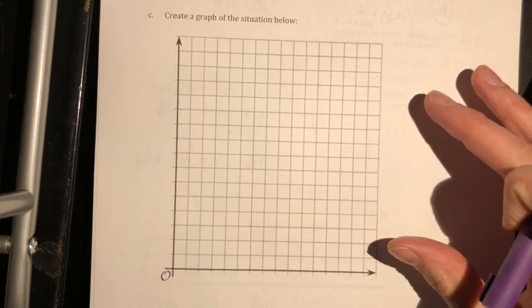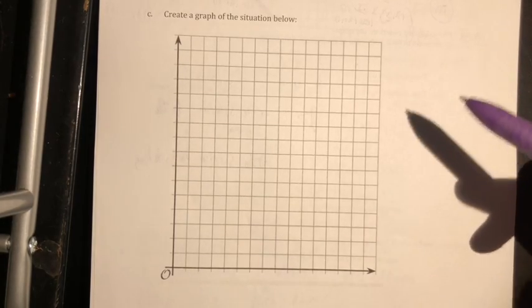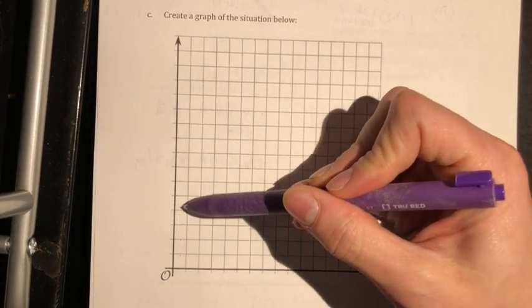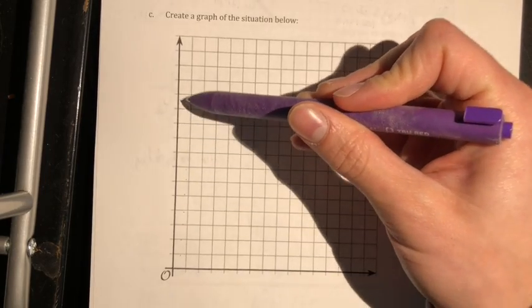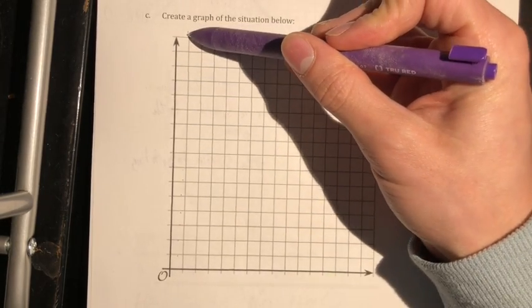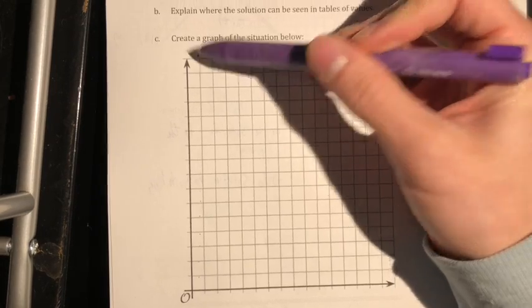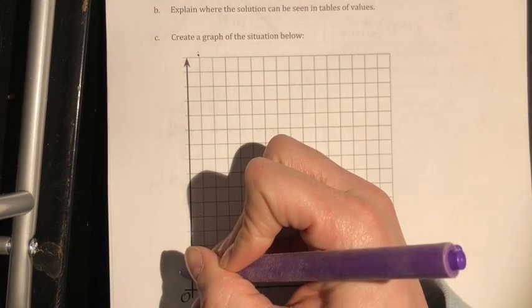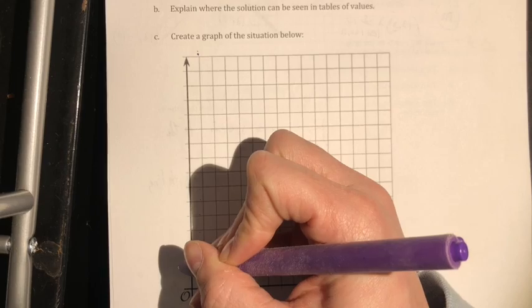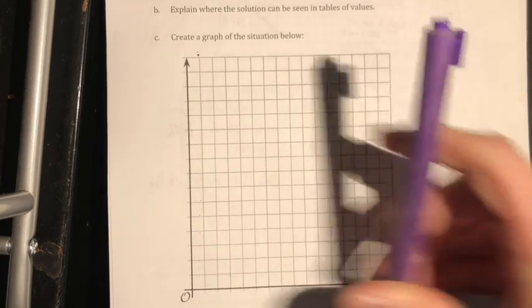And create a graph. I'm going to scale the graph for you, just because I know what the graph's going to look like. Let's see, I'm going to count. 1, 2, 3, 4, 5, 6, 7, 8, 9, 10, 11, 12, 13, 14, 15, 16. Okay, it goes up 16. I'm actually going to count by 4s on my y-axis. You probably don't like that very much, but that's nice.